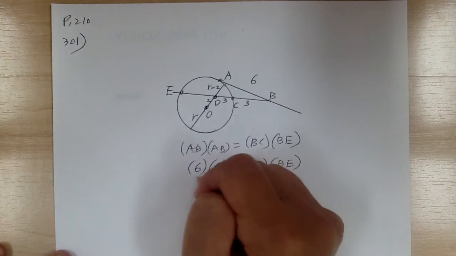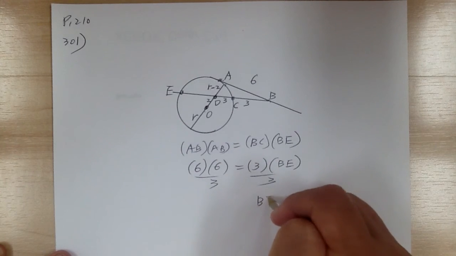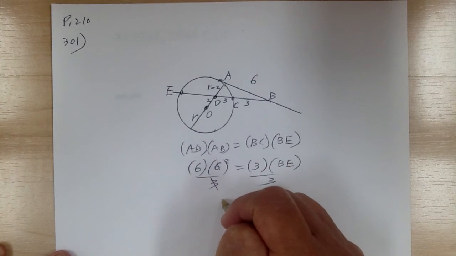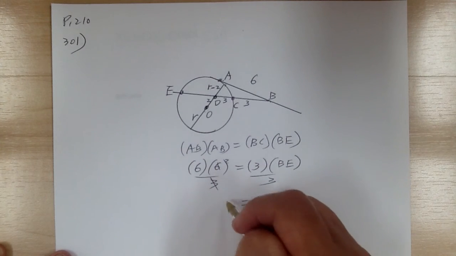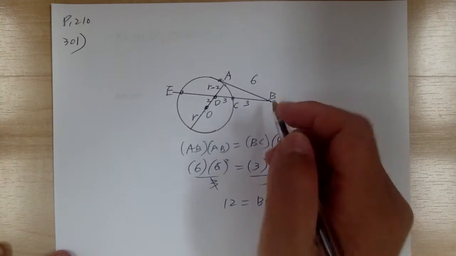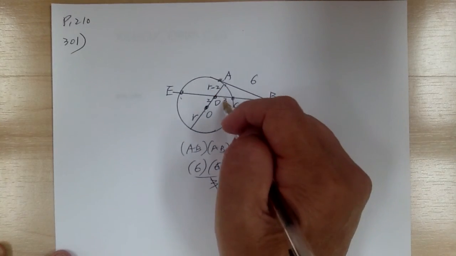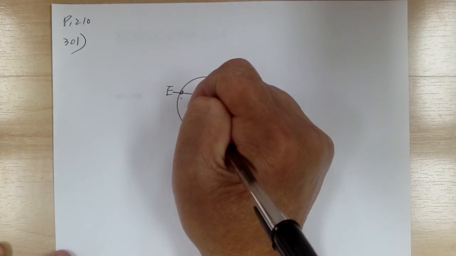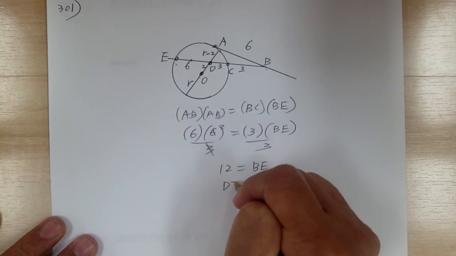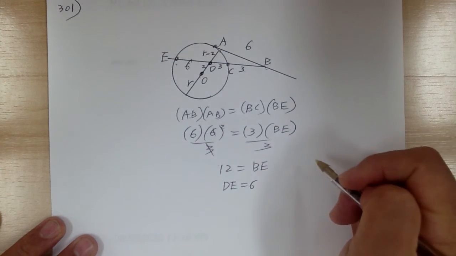Divide by 3, so BE equals 12. But this is 3 and 3, so DE will equal 6. From here you can see that DE equals 6.